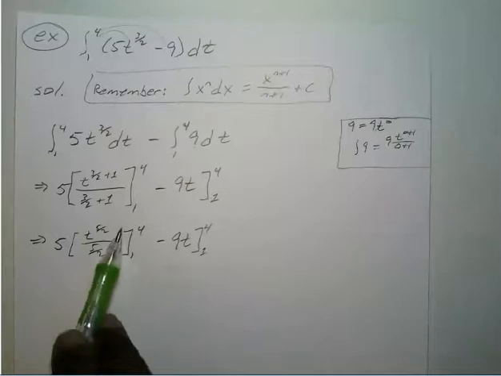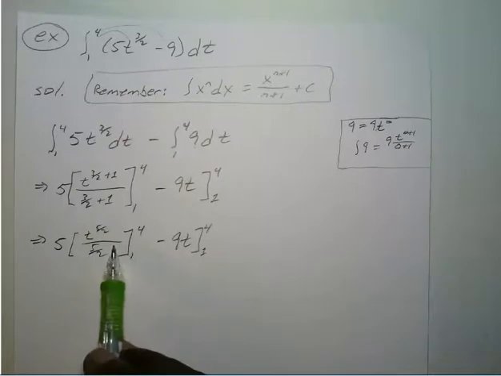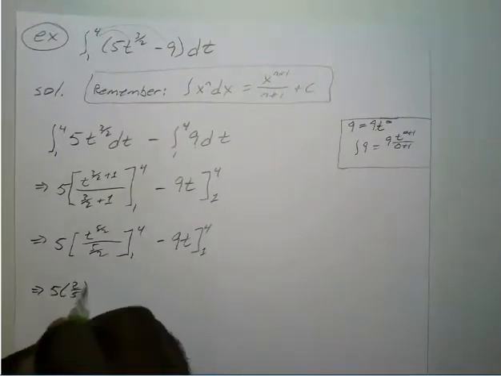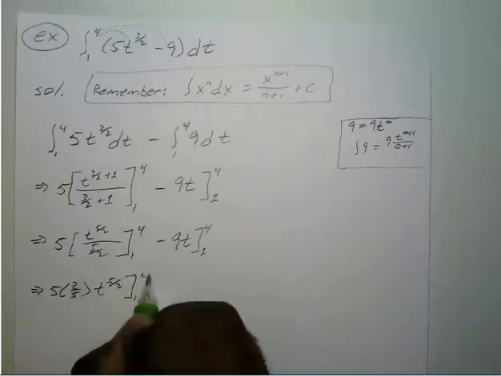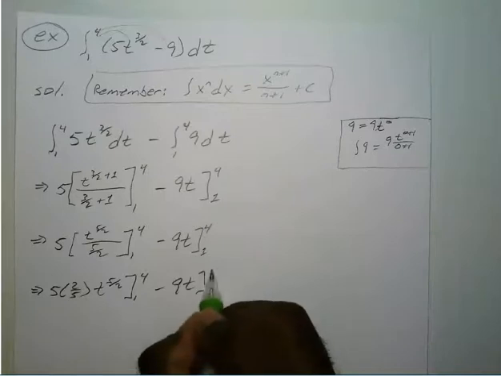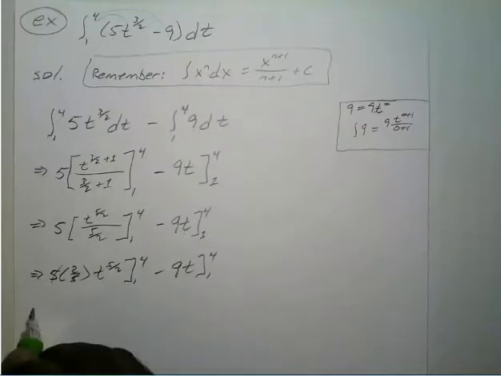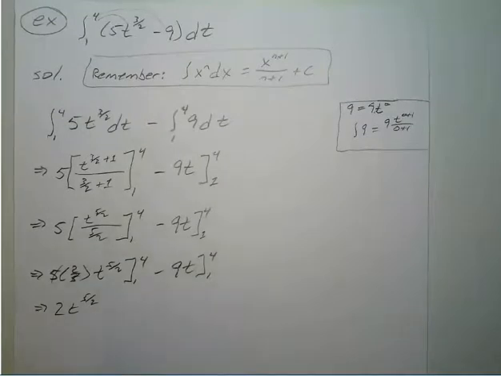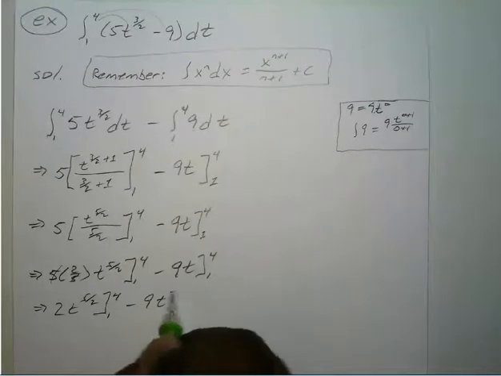Okay, so if you multiply the numerator and denominator by the reciprocal of your denominator, so if you multiply this by 2 over 5 and 2 over 5, we end up with 5 times 2 over 5, t to the 5 over 2 power, from 1 to 4, minus 9t, from 1 to 4. These two 5s will cancel each other out. So you have 2t to the 5/2 power, again from 1 to 4, minus 9t from 1 to 4.